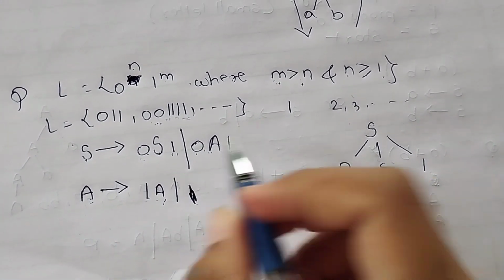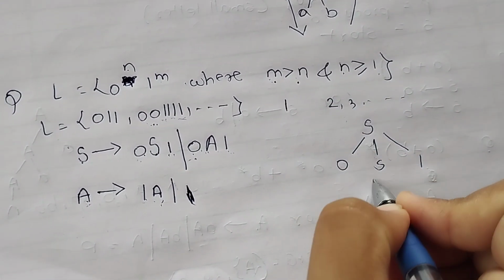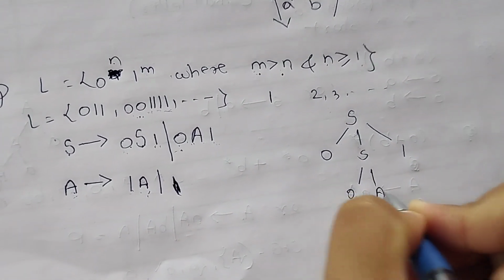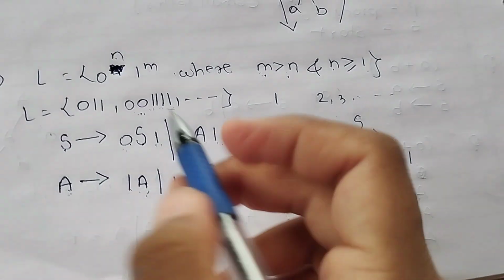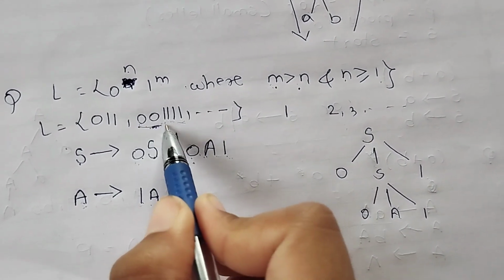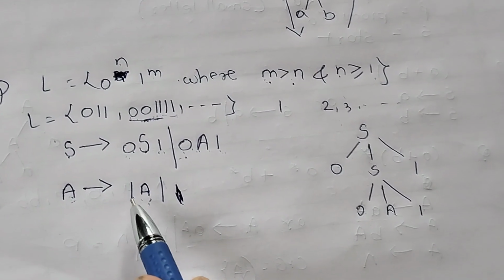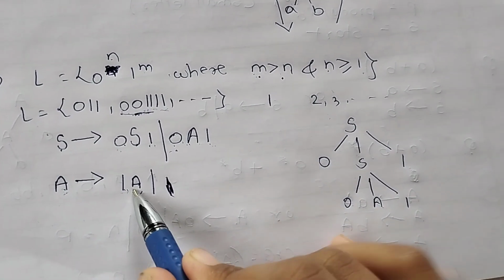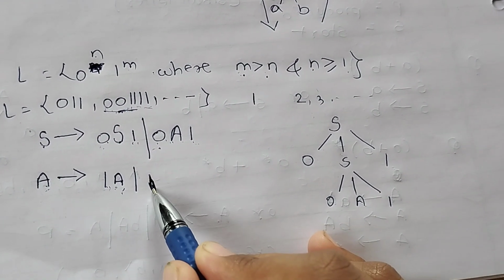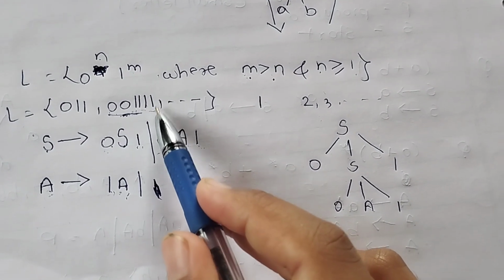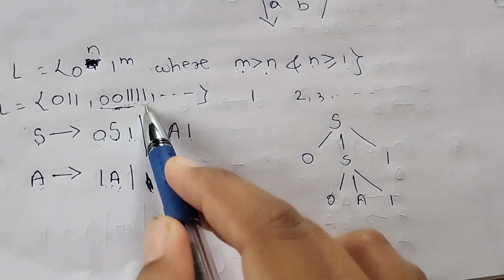So for the second time I read this 0A1. Now these 2 zeros are complete, and 2 ones are complete. Now 2 ones remain. So again I read this A by 1A. If I read only 1, then I read 1, but 1 is remaining. So how can I read?